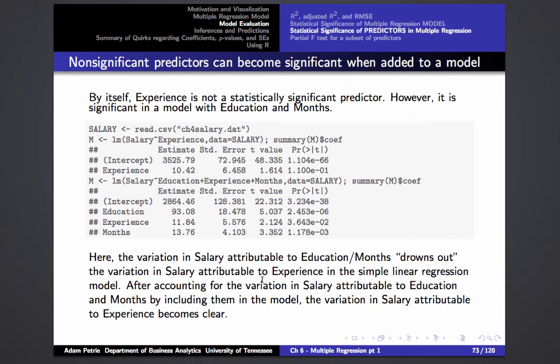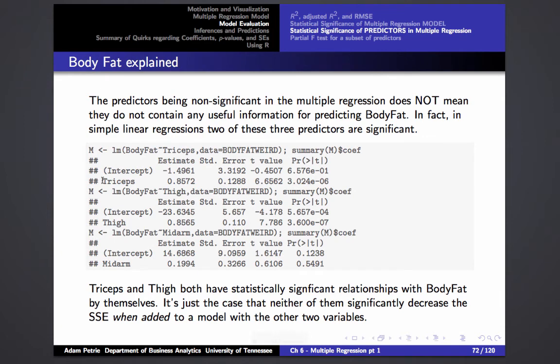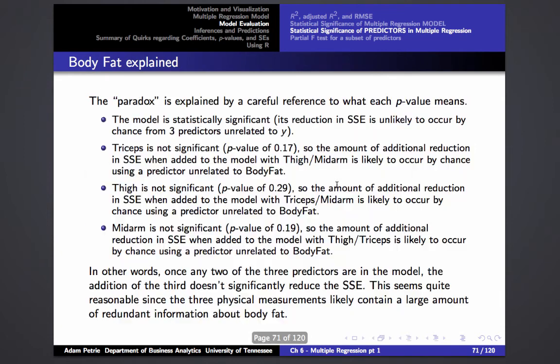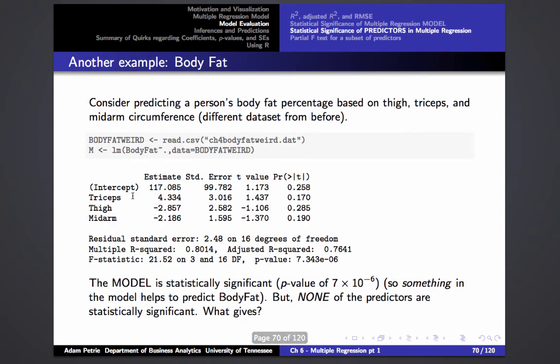Okay, so one thing that we see is that occasionally non-significant predictors all by themselves can become significant when added to a model. We just saw the reverse, essentially. We saw that a predictor that is significant all by itself, like triceps predicting body fat, is not significant when added to a multiple regression model because its information is redundant.